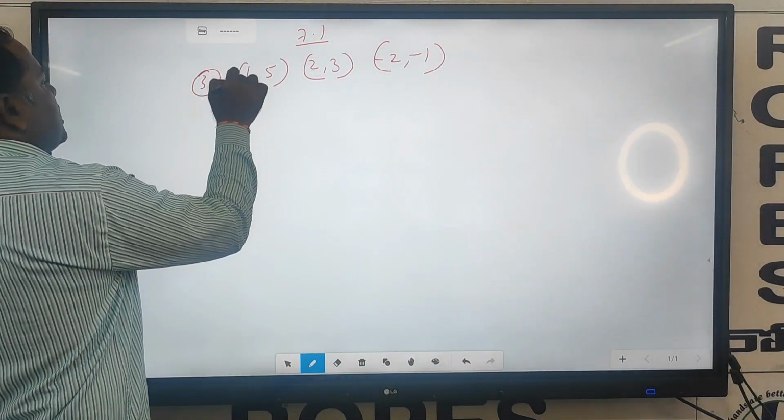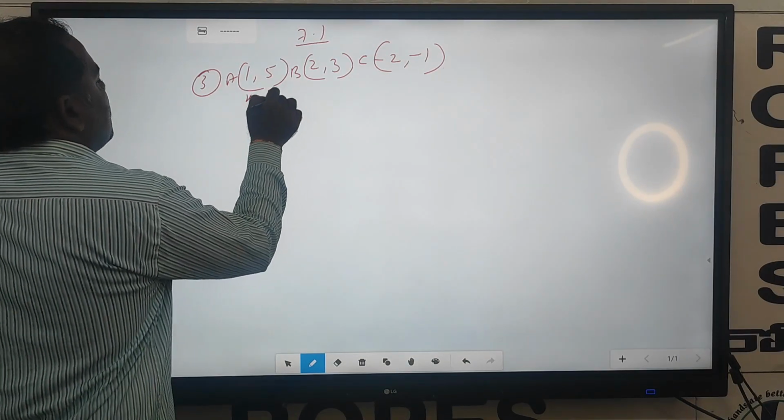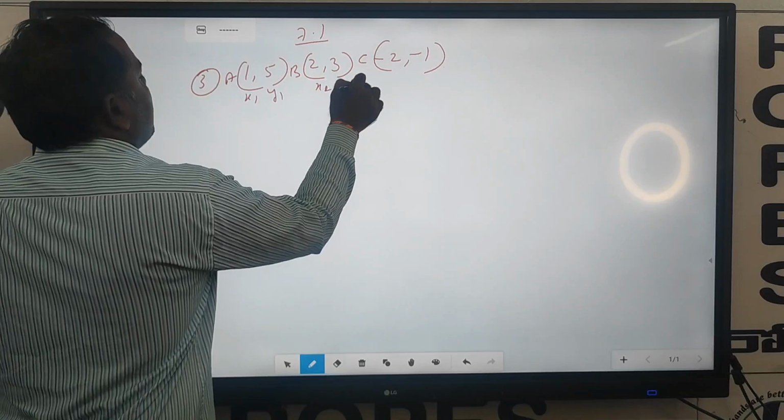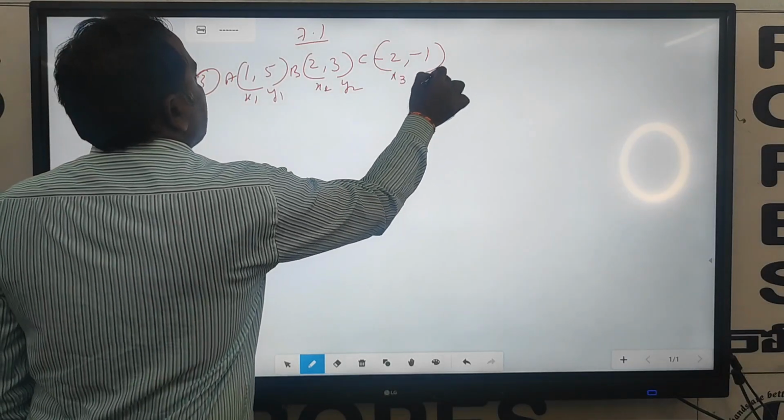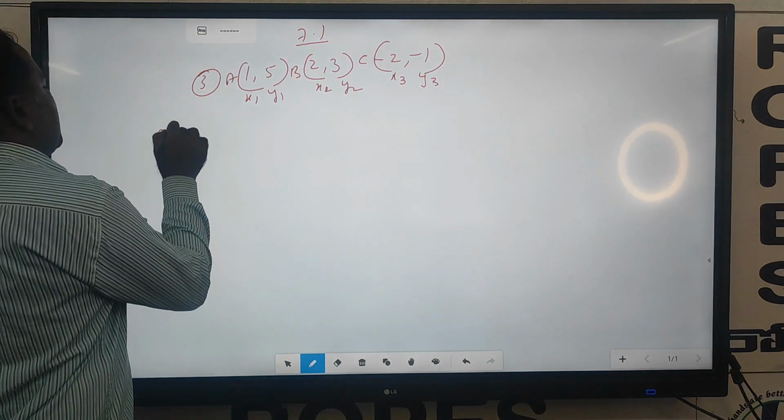The third question of 7.1: the points (1, 5), (2, 3) and (minus 2, minus 1) are given. Now we have to take point A, point B and point C, with x1 y1, x2 y2, x3 y3. Now we find the AB distance.